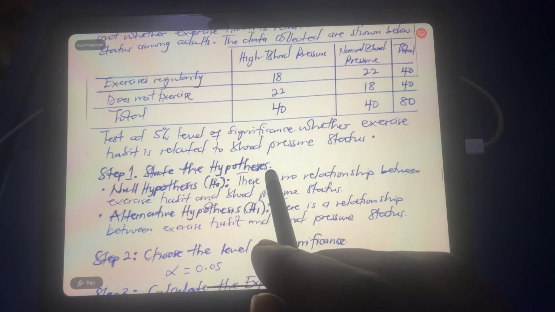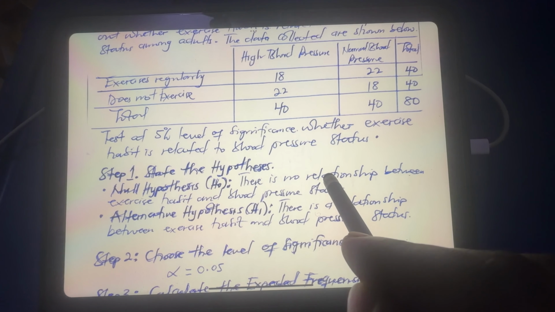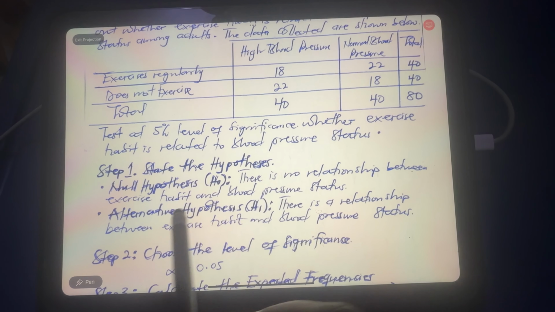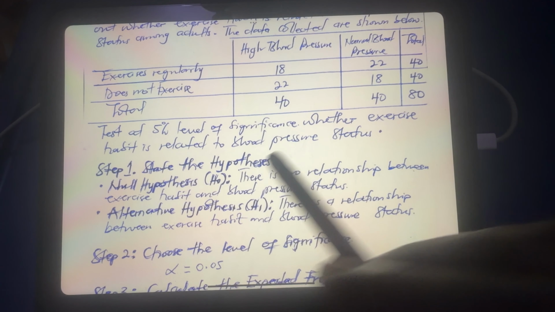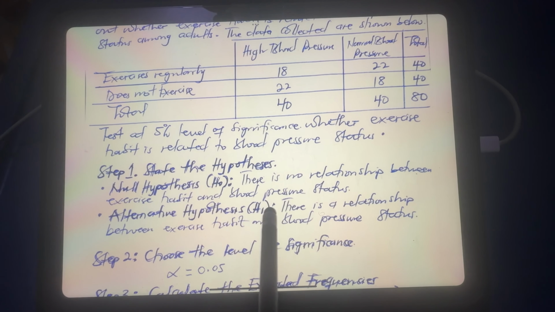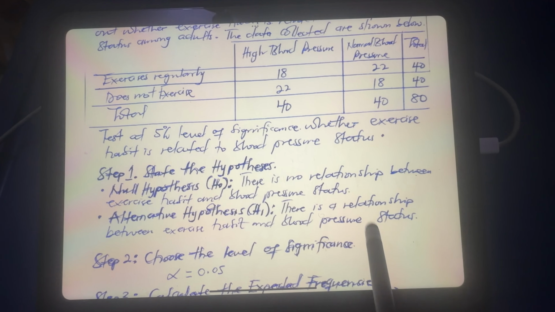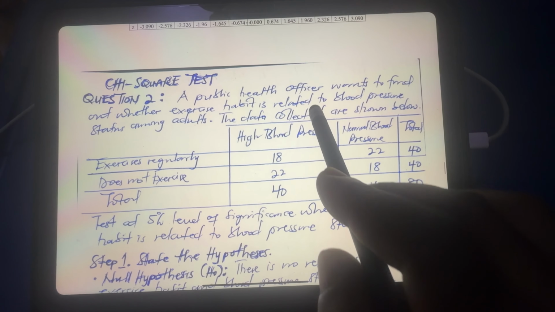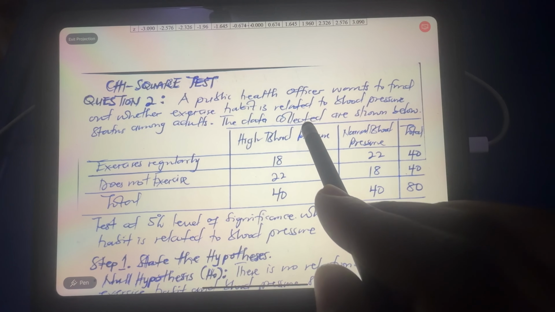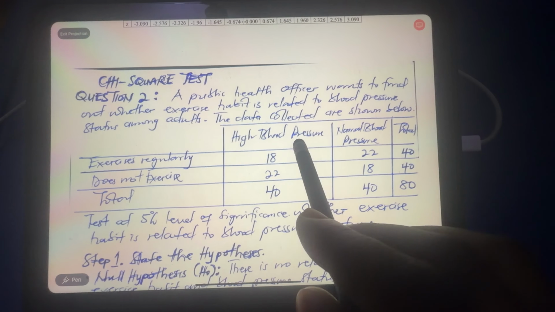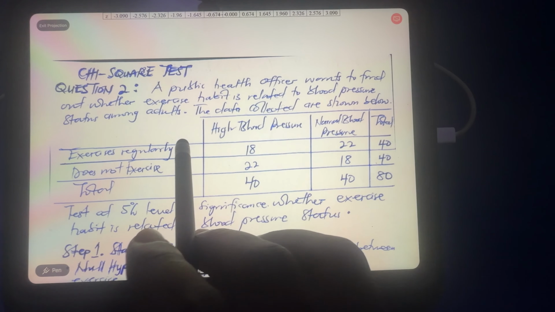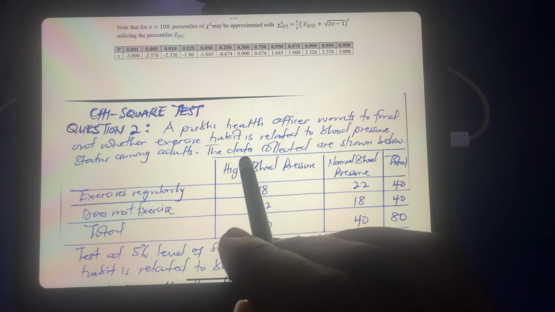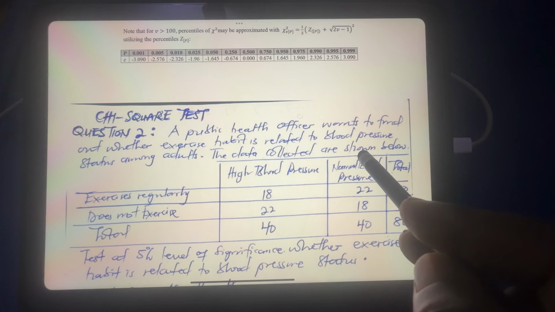So the null hypothesis, you are just going to write, there is no relationship between exercise habits and blood pressure status. Then the alternative hypothesis, you just write, there is a relationship between exercise habits and blood pressure status. Simple as that. They would always give you two variables in the question. You can even see that from the table: we have exercise status and we have blood pressure status.